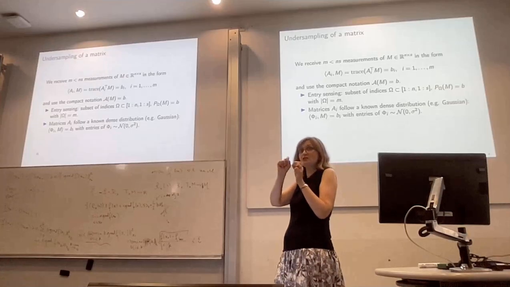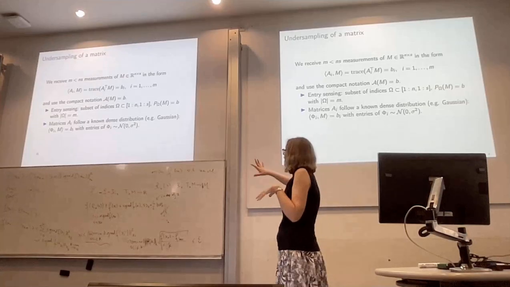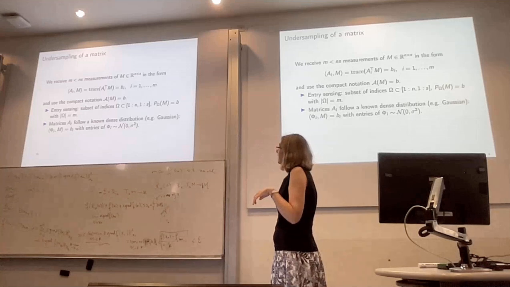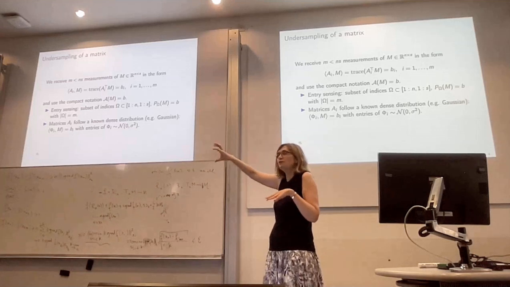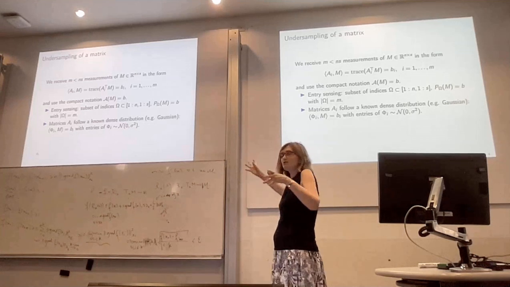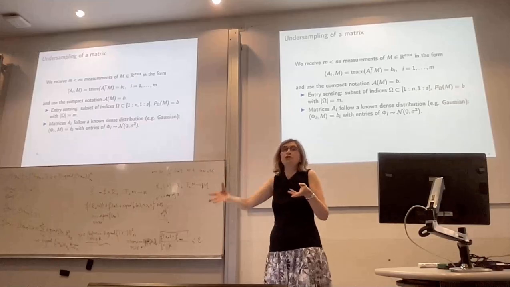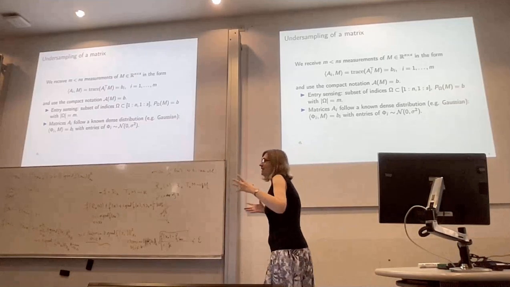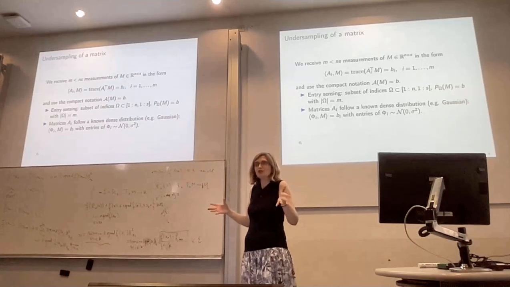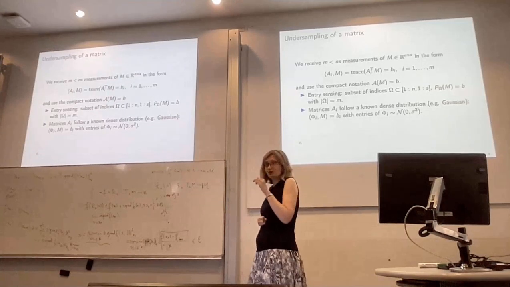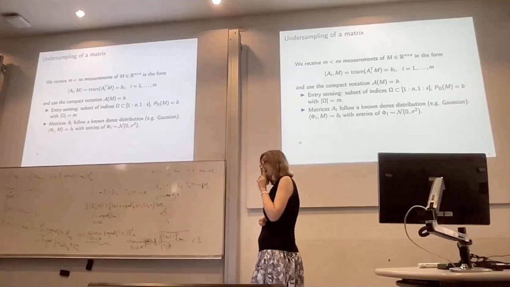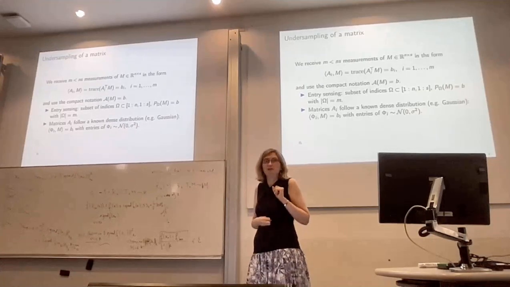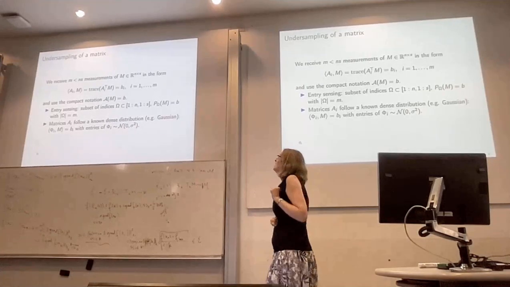So I would know those entries for you and your friend or something. Or I can measure them through some Fourier transform. Of course, if somebody gives you a carload of measurements, you can do anything you want. But this is not what we are after here. We are after the case where we do not have enough measurements.